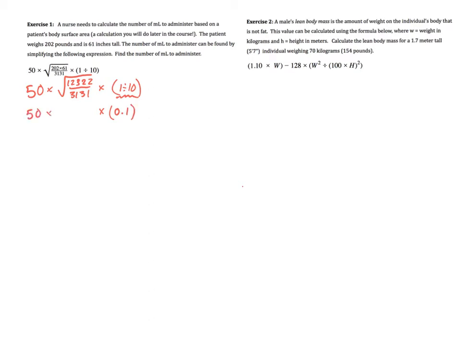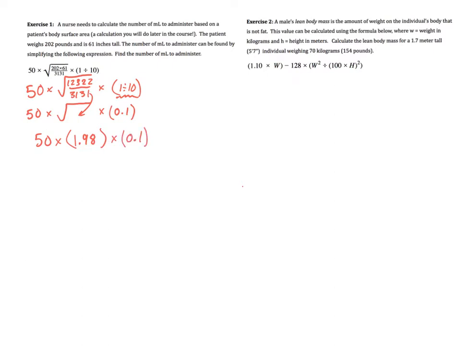So now I'm going to simplify what's underneath the square root a little bit more. If you wanted to, you could put this whole thing in your calculator. You could put the square root of 12,322 divided by 3131. And when you put that whole quantity in your calculator, you get, so I'm just going to put this in here, 50 times, this value is 1.98, and that's just an approximate value.